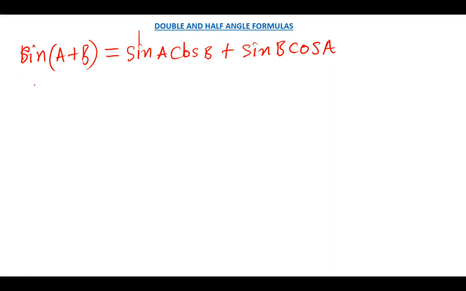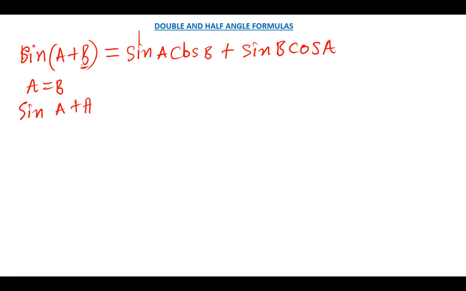What happens if A is equal to B? When A is equal to B, while there's B here, we're going to replace it with A. So this is the same as having sine (A plus A).